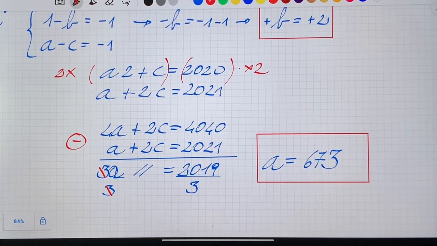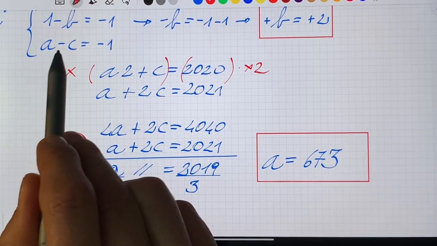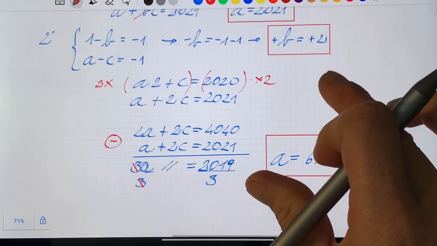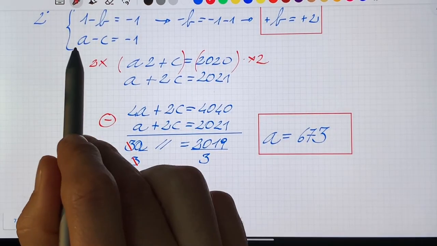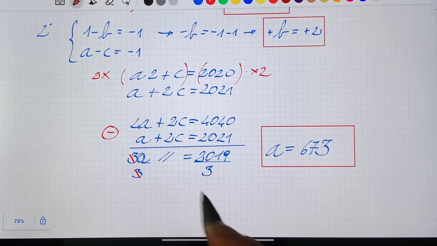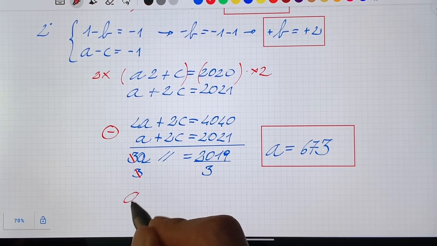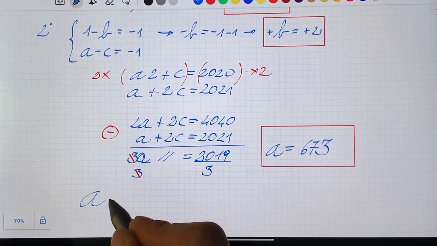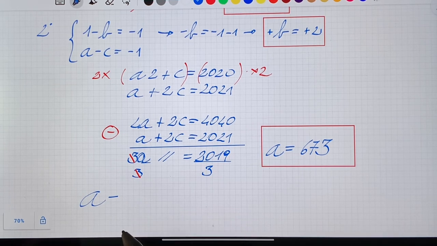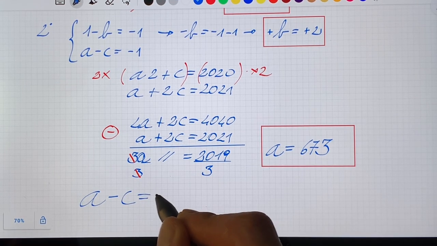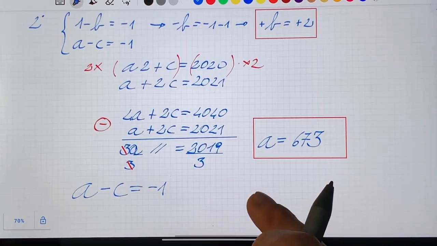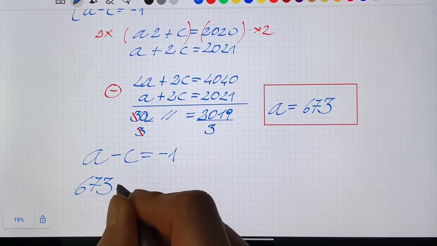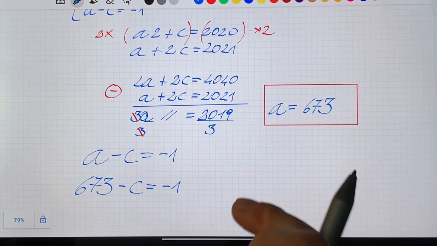Now we need to find c. In the second case we have a minus c is equal to minus 1. But a is 673. So 673 minus c is equal to minus 1.